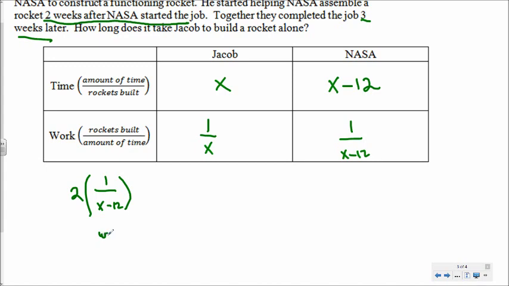Again, work done by NASA per week, it's really what that represents, times number of weeks. The weeks would cancel out and give me exactly how much work NASA has done.